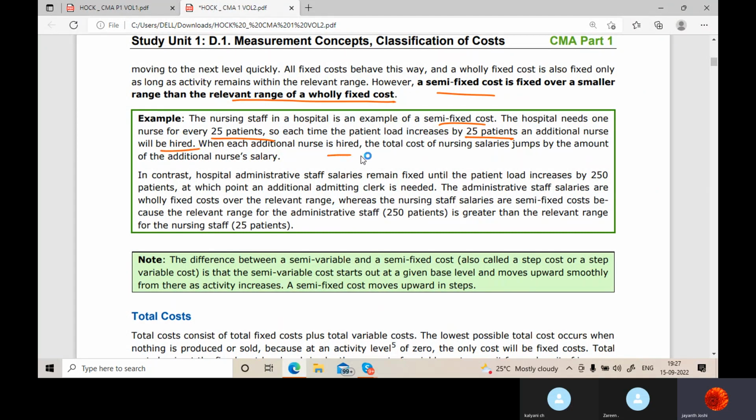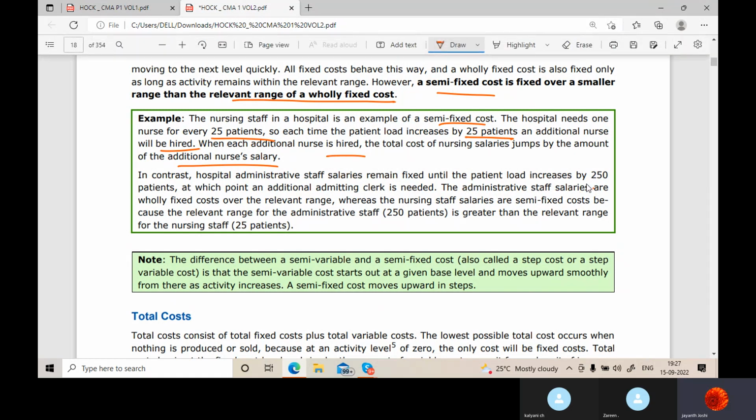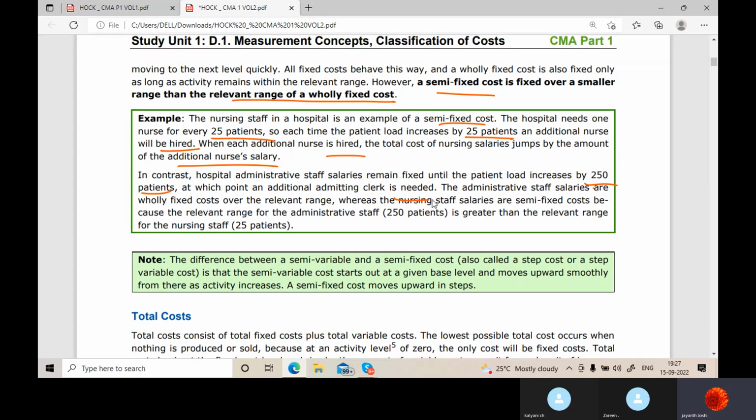When each additional nurse is hired, the total cost of nursing salaries jumps by the amount of the additional nurse's salary, of course. In contrast, hospital administrative staff salaries remain fixed until the patient load increases by 250 patients, at which point an additional admitting clerk is needed. So administrative staff salaries are wholly fixed over the relevant range, whereas nursing staff salaries are semi-fixed cost.